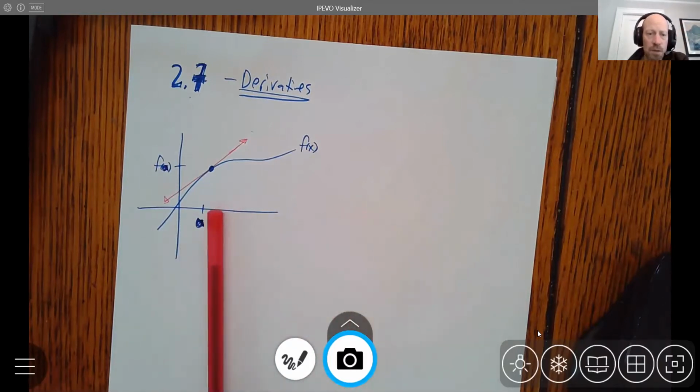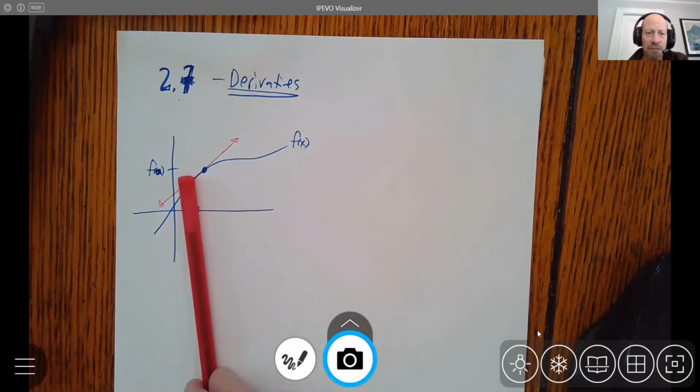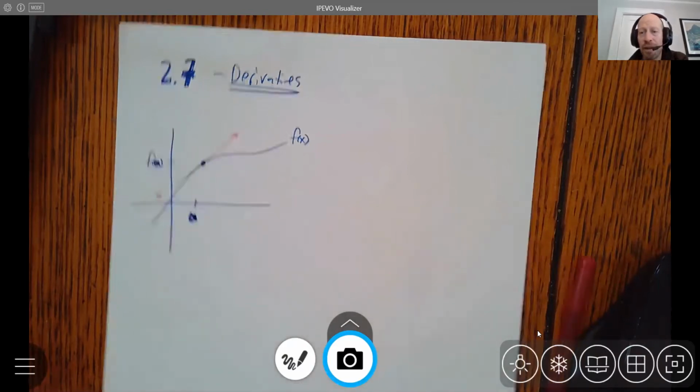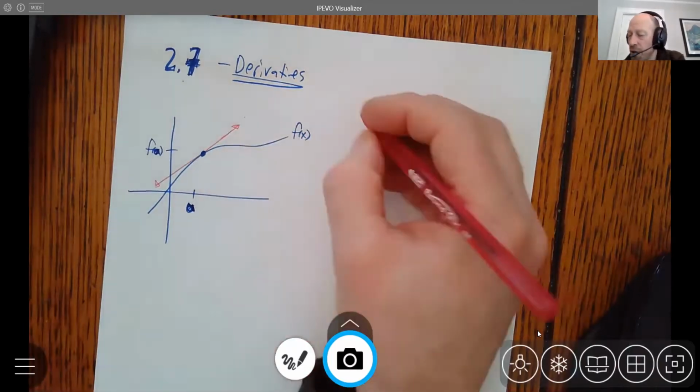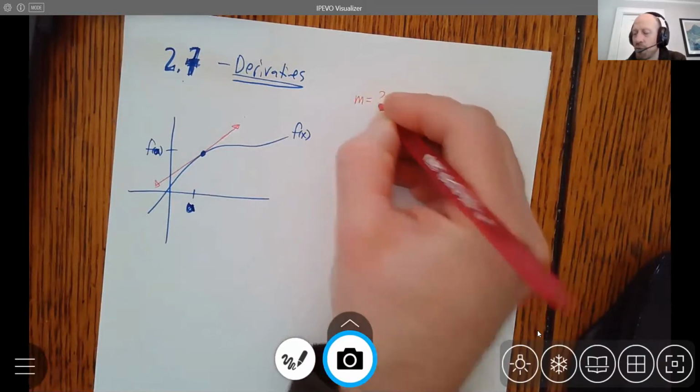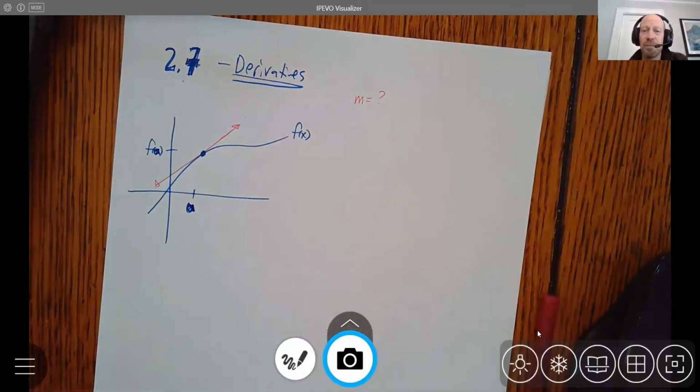So let's call this point a, f of a. So we have the point there. So in order to find the equation of the line, really the only thing we're missing is the slope, right? The slope of this line is really the mystery there. So how do we find that slope?